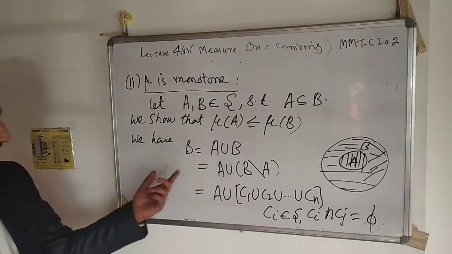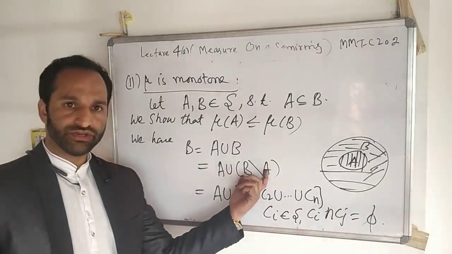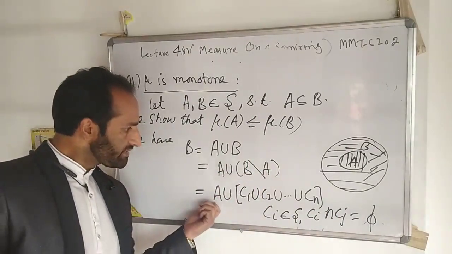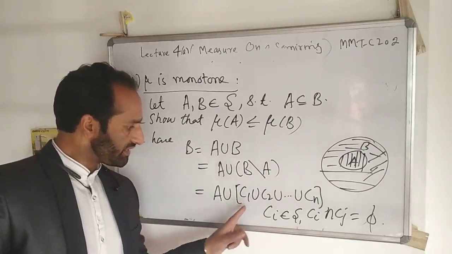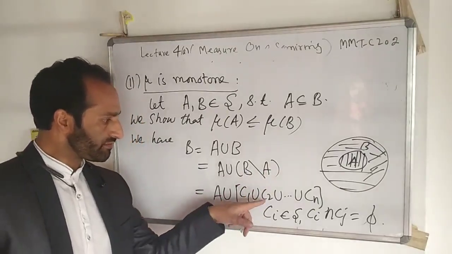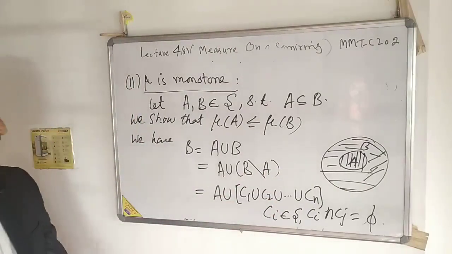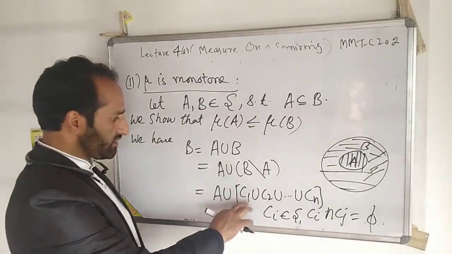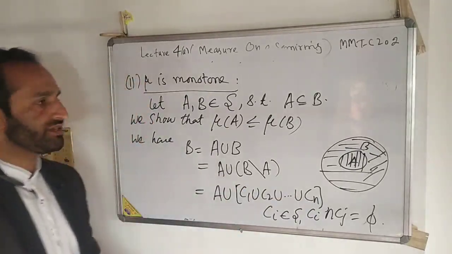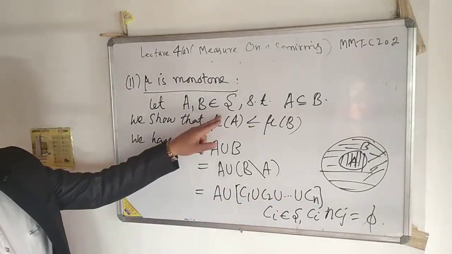Since A and B minus A are disjoint, A is disjoint from each Ci. It is disjoint from C1, from C2, from Cn. So this class A, C1, C2, Cn is a disjoint class of sets in S.